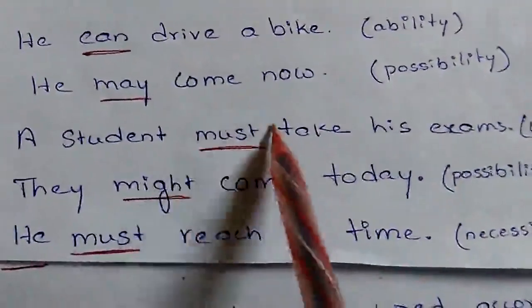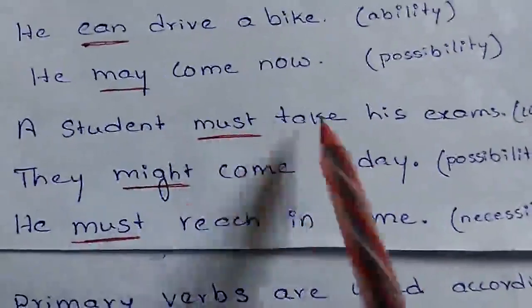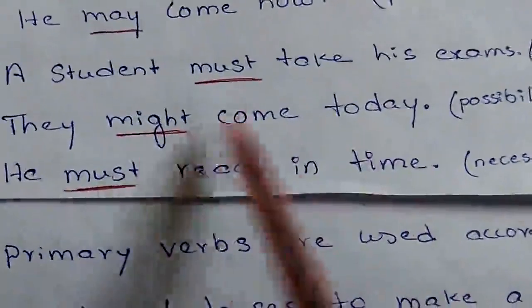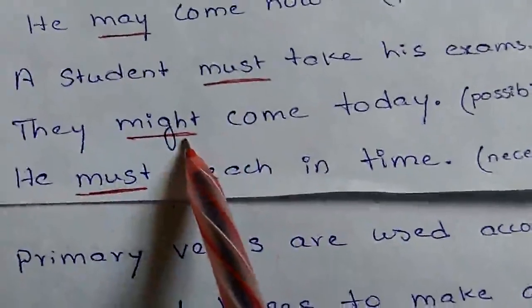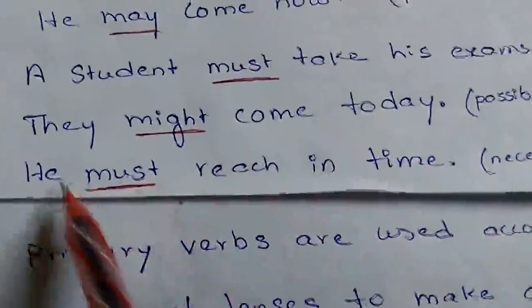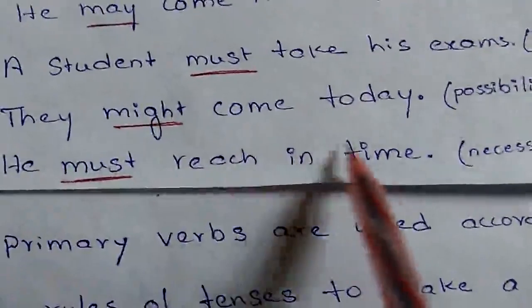Here must is used as a helping verb, and that shows that it is a compulsion that a student should take his exams. They might come today. In this sentence, might is the modal auxiliary which is used to express some possibility of the situation. Like, he must reach in time.